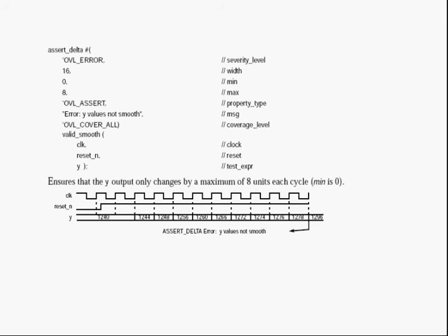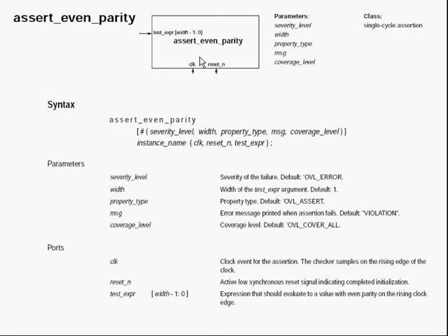The expression should decrement by value whenever its value changes from one rising edge of the clock to the next rising edge of the clock. Here we added two more extra parameters.